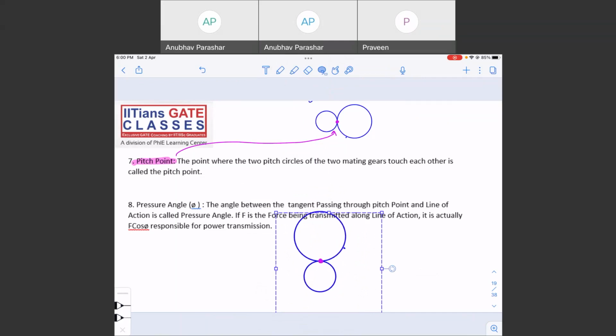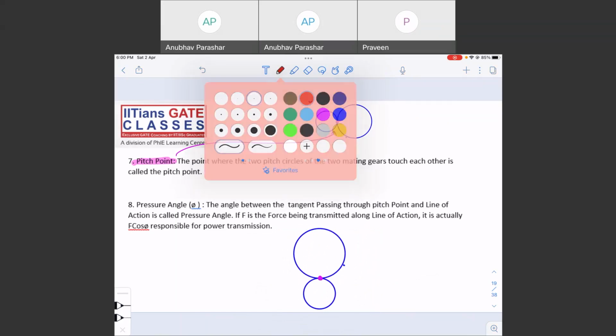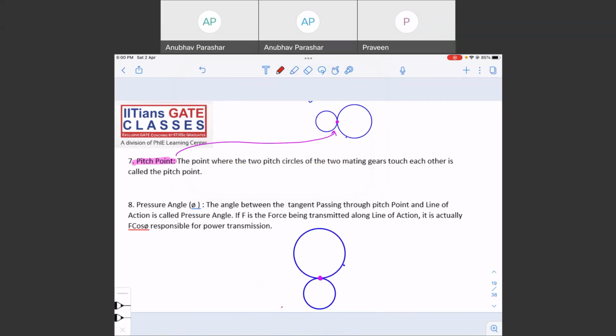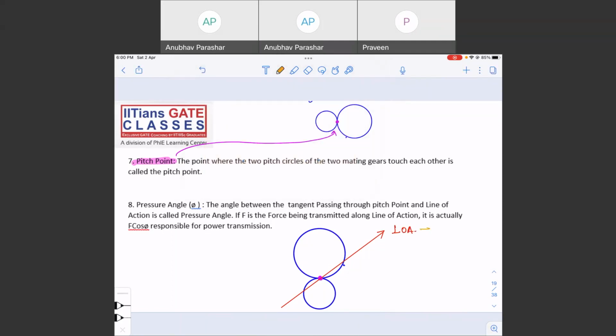Let me increase the size a bit. Now, power is being transferred in which direction? The line of action will look something like this. The line of action will always pass through the pitch point. Please remember, the line of action will always pass through the pitch point.